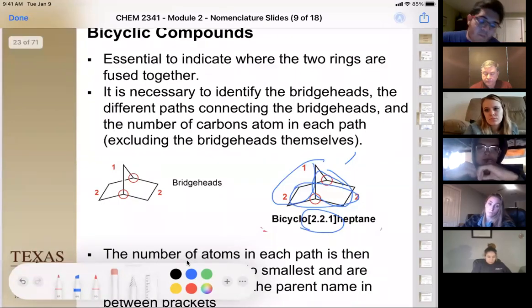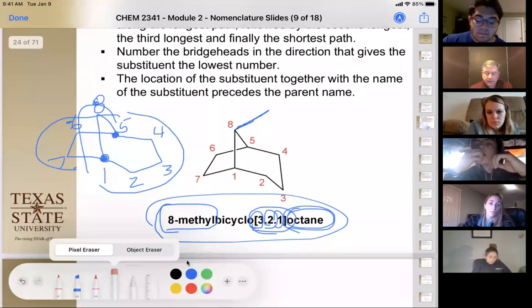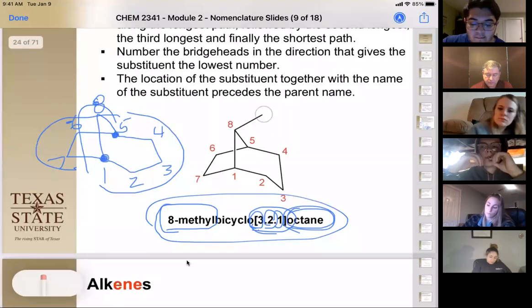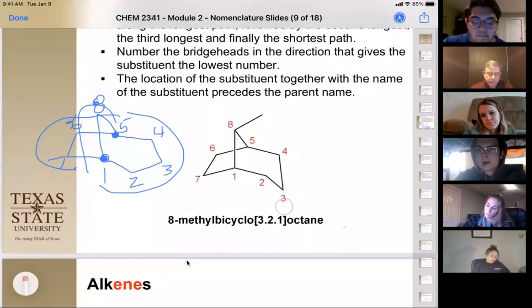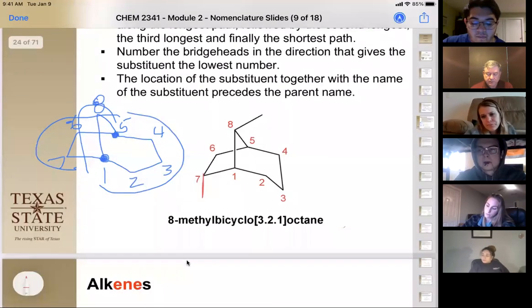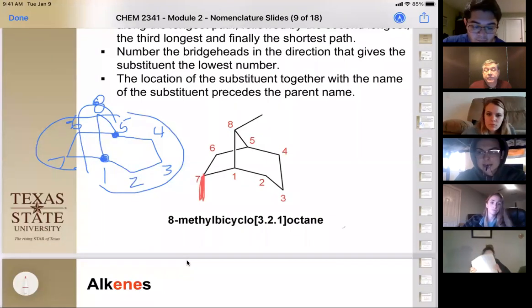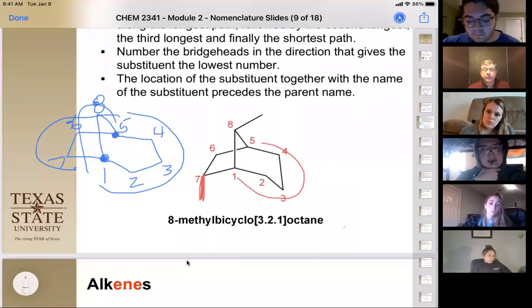For example, in this one here, let's just add another substituent on this carbon here. If we added another substituent on that carbon, we still have to number around the longest one first.